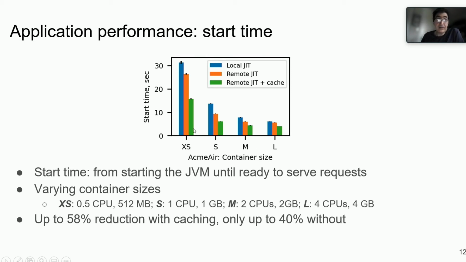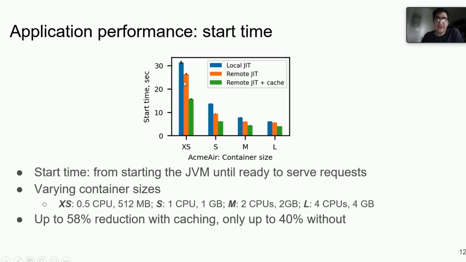By startup time, we mean the time needed by the JVM to be able to serve requests. For each configuration, we have 3 bars. The one in blue is the local JIT, no remote compilations here. The one in orange is the remote JIT, but it doesn't use a cache. And in green, we add the cache to the remote JIT.